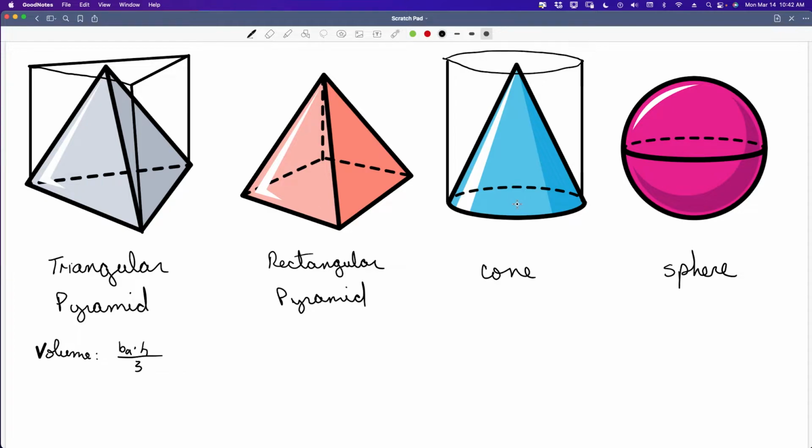The cone is the same formula. We know it is exactly 1/3 of the volume of a right circular cylinder of the same shape base and the same size base. So the volume for a cone is exactly the same thing. The volume formula is going to be the base area times the height divided by 3.